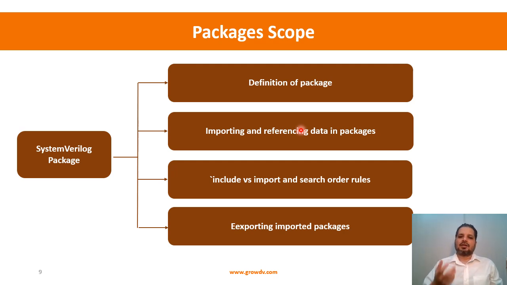Packages are made accessible to a module or to a program block through the import statement, right? So let's understand how import is different from the `include compiler directive that we have already seen, and when particular variables are accessed, what is the search order in which the variables are located.